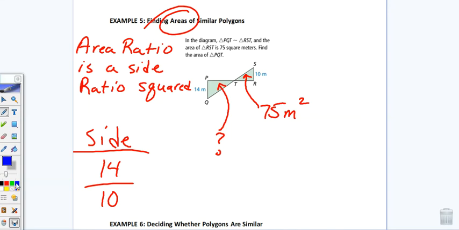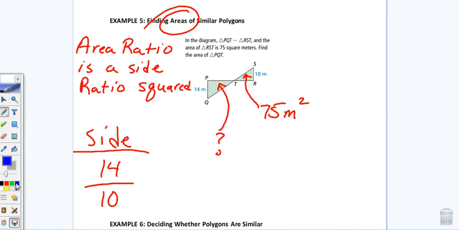Man, I tell you what, if you're looking for an area, wouldn't it make sense then to have an area ratio? Yeah, if I'm looking for an area, is a side ratio going to help me? No. I need what kind of ratio? An area ratio, right? How am I going to generate an area ratio given a side ratio now?